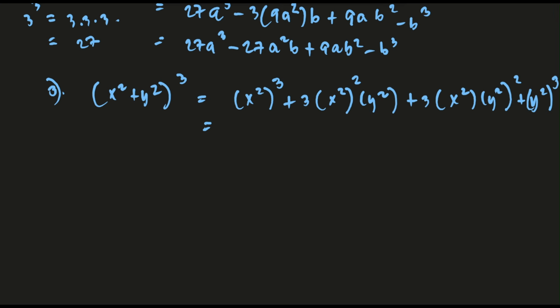Alright, we simplify the result. X squared raised to the power of 3, that would give you x to the power of 6, plus 3 times 2 times 2, that would give you 4, and then you bring down y squared, plus 3, you bring down x squared, and then y squared to the power of 2, that would give you y to the power of 4, plus y to the power of 6.